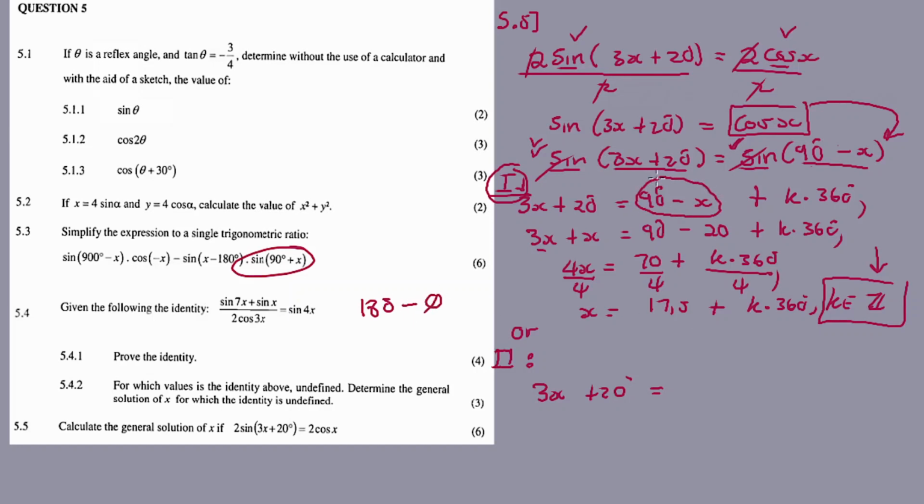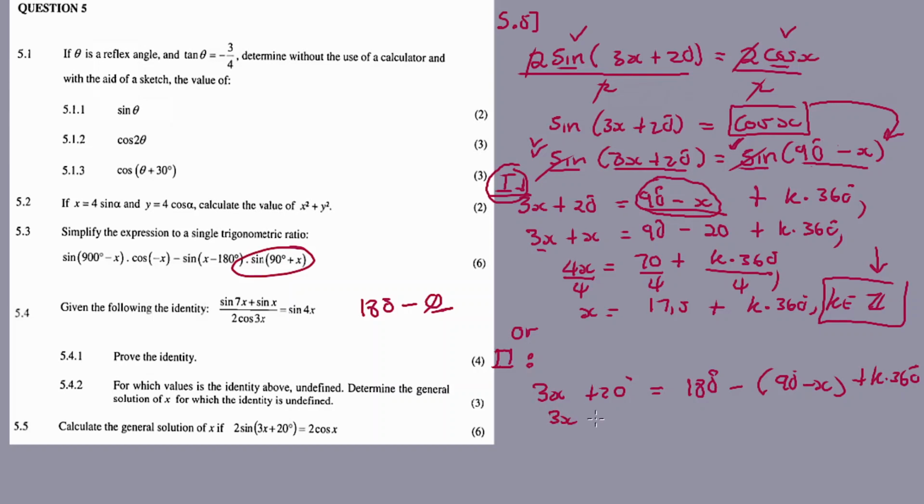This angle is theta, so we have 180 minus (90 degrees minus x), this angle, plus k times 360.